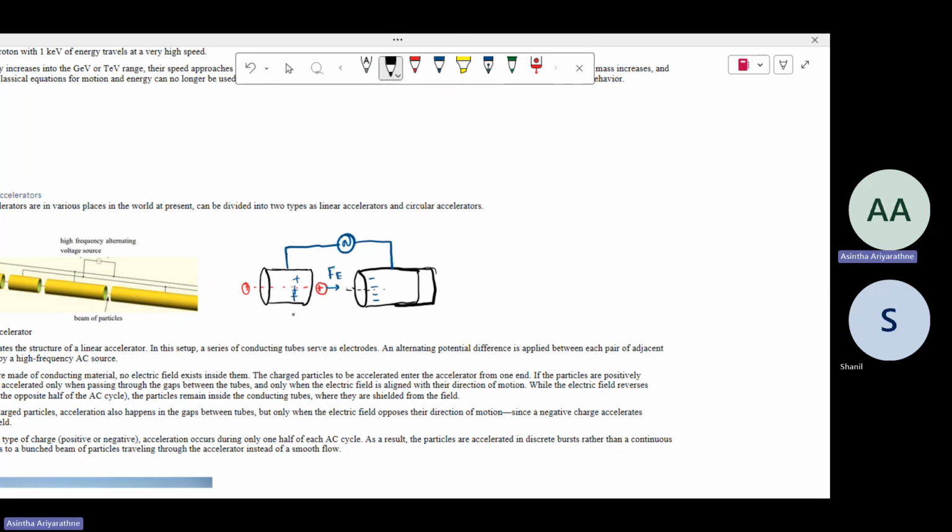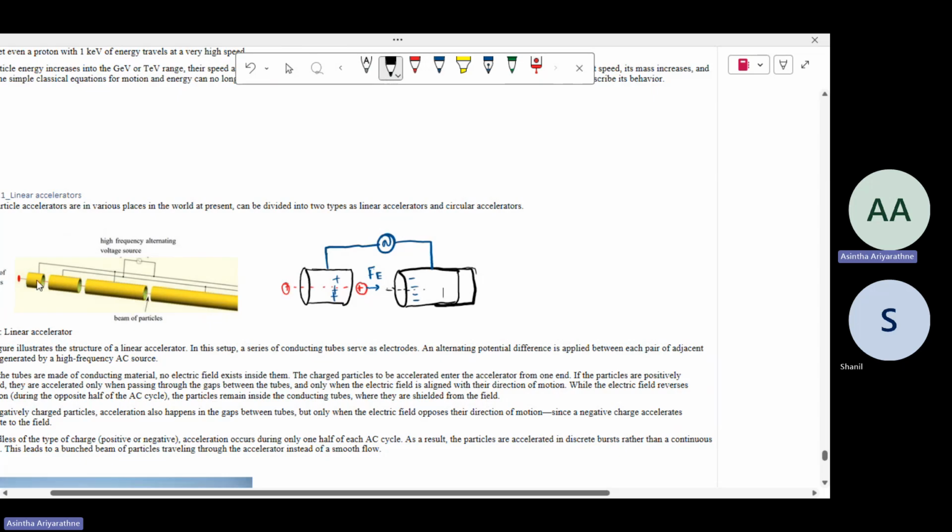Here you can see the lengths of these electrodes are not the same. The length is always higher than the previous electrode. What is the reason behind that? That's because of the velocity.